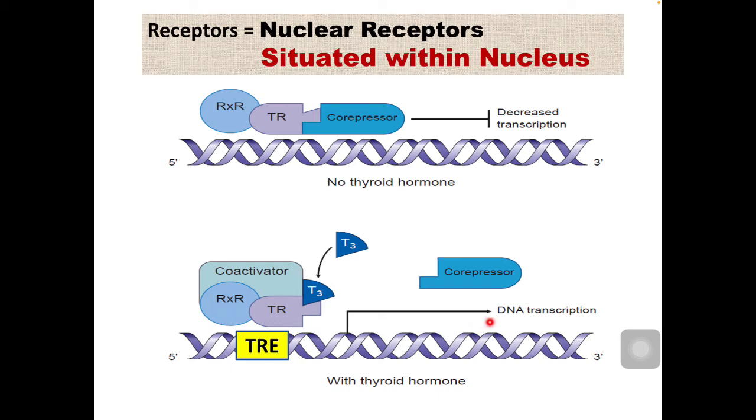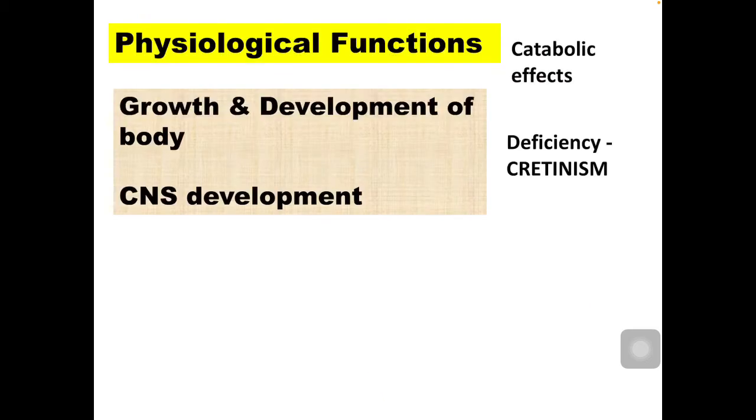So there is increased transcription of DNA to mRNA, and this mRNA in turn synthesizes proteins, and these proteins are responsible for the actions of thyroid hormones. So what are the physiological functions of thyroid hormones?